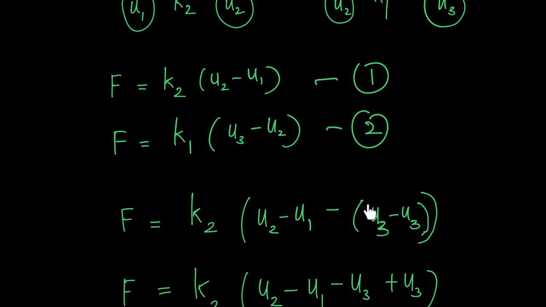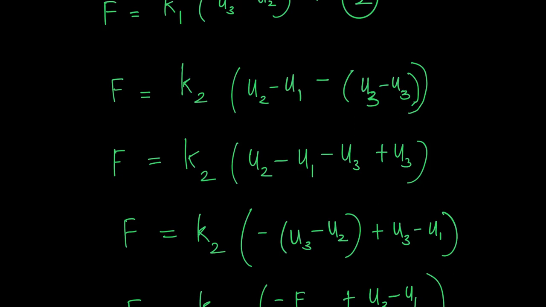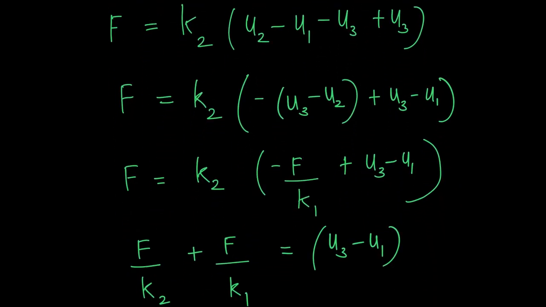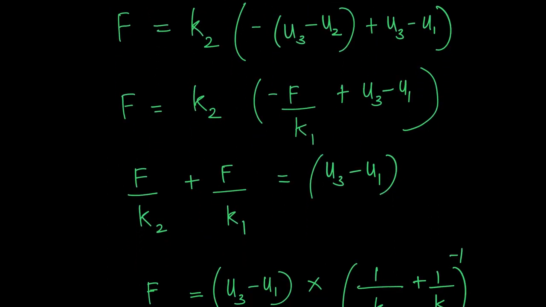I'm adding a term u3 minus u3, which is 0, so I'm not modifying the equation at all, but I'm rearranging the terms so that I can bring out u3 minus u2 and substitute for it from equation 2. u3 minus u2 is F divided by K1. This is just some mathematical cranking, that's it, nothing else.